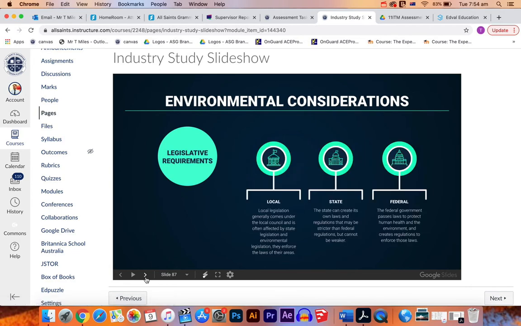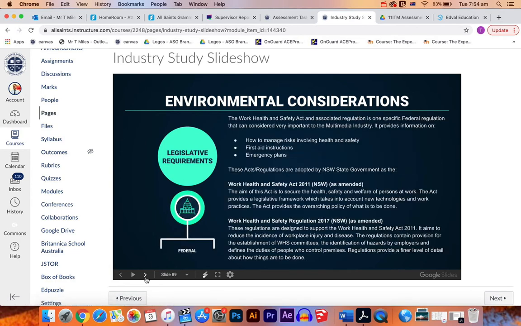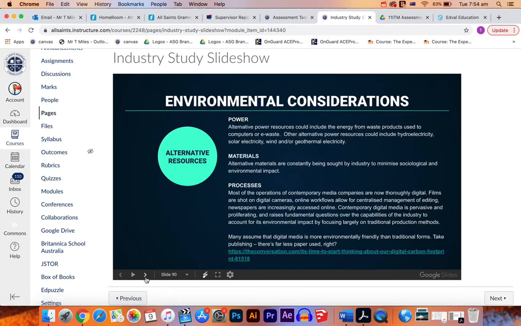So if there's stuff that you can't find that's specific to the ABC, then you can answer more broadly by saying, no information was available through ABC sources. However, multimedia industries or multimedia businesses usually produce this kind of waste, or usually there are these environmental considerations.